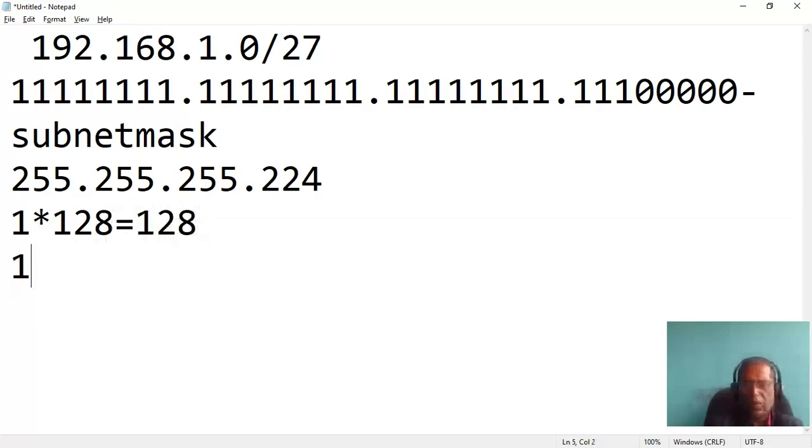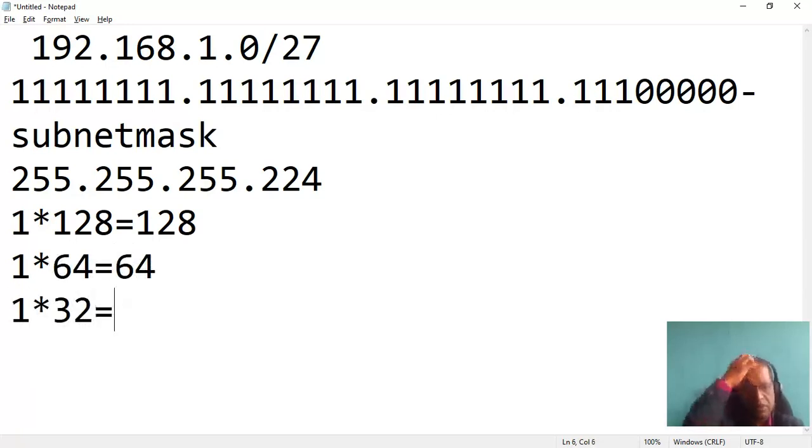Then 1 times 64 equals 64. Then 1 times 32 equals 32.